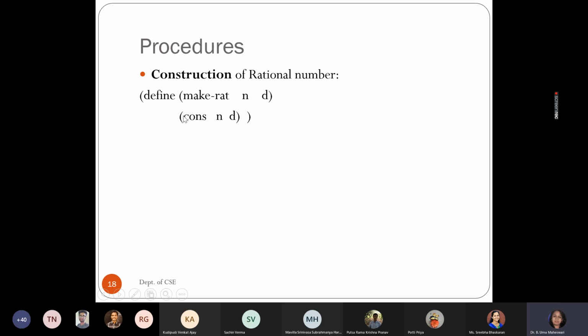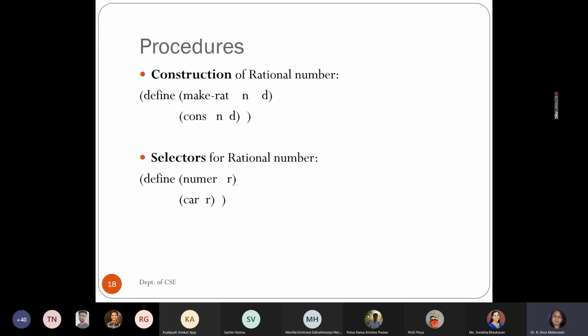What is the internal logic? I'm just constructing a pair with n as the first element and d as the second element. I'm writing my own procedure for constructing a pair, by which I can make a rational number, right?